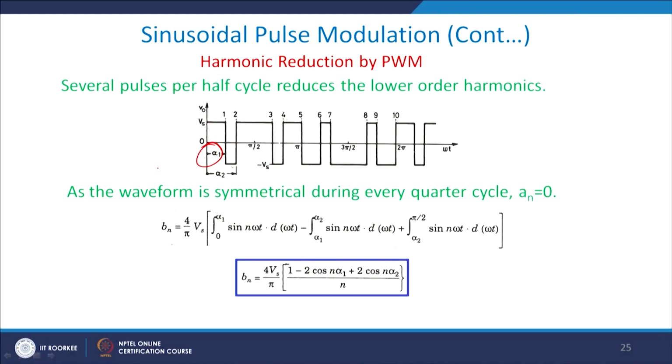Now, let us do the analysis of the unipolar PWM. You have triggered at an angle alpha 1, again it will be triggered after angle alpha 2 and so on, and we will have this kind of variable frequencies.